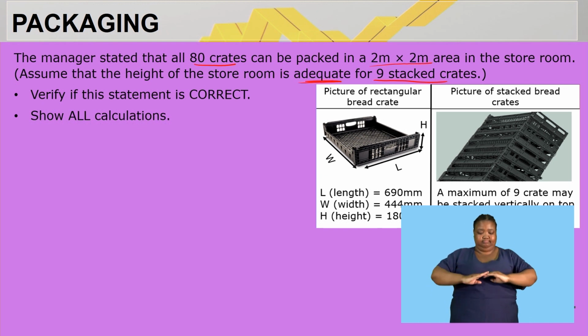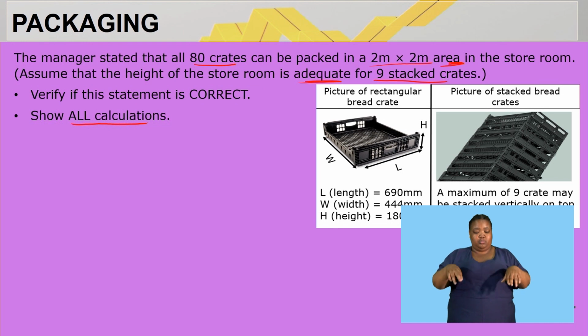So now we have to verify this claim, whether the statement made by the manager is correct, by showing all our calculations. Now again, when I look at this, I can see the area of the floor of the storeroom, it's 2 by 2 meter area. Guys, are you with me?